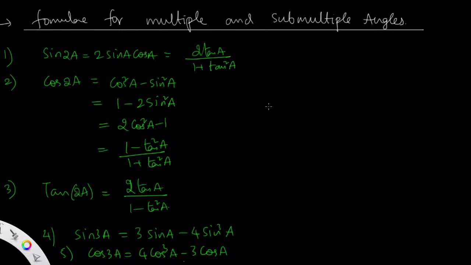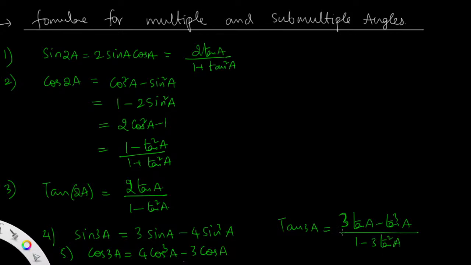On the basis of these formulas I will give you some problems. Tan 3a you also know, which is equal to 3 tan a minus tan cube a by 1 minus 3 tan square a.